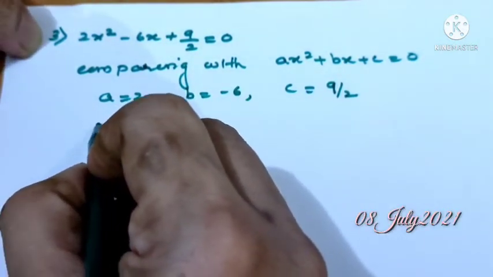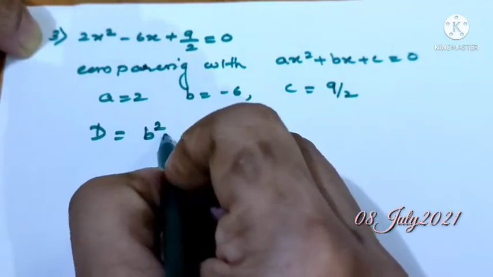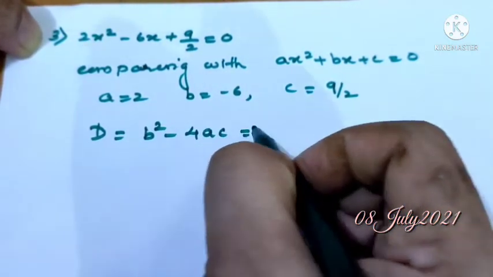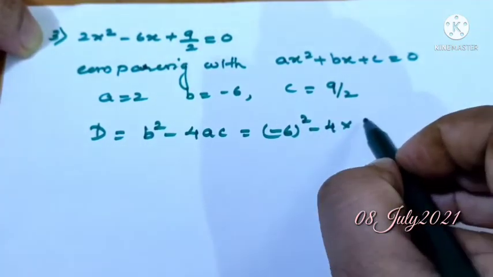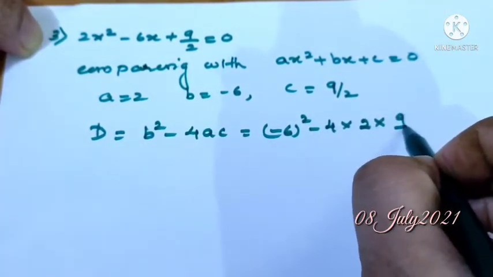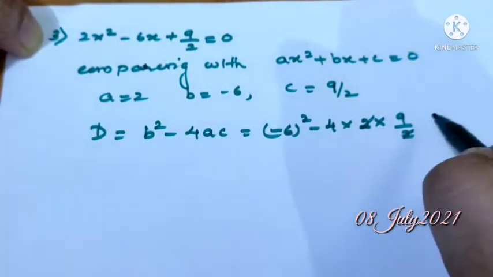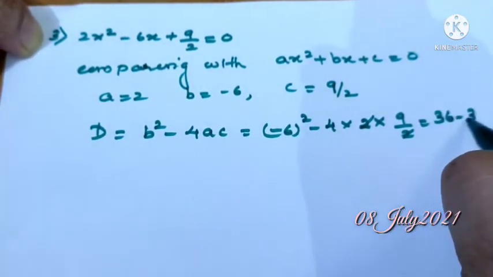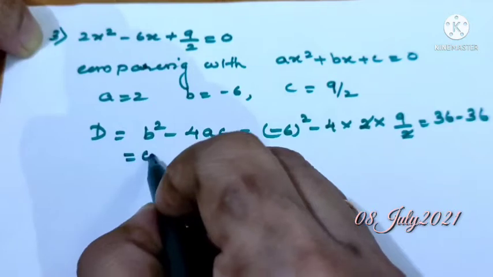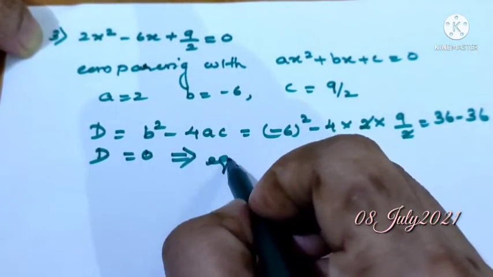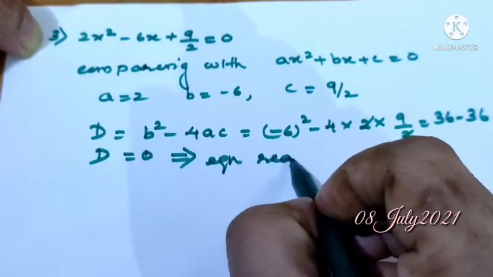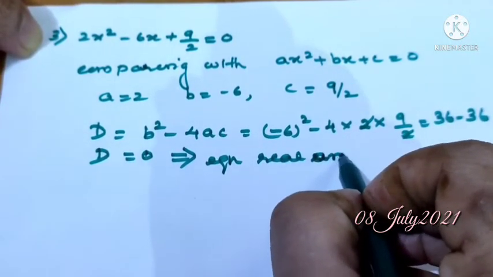So discriminant D equal to b square minus 4ac. b square is minus 6 whole square, 4 into ac means 4 into 2 into 9 by 2. So 2 will get cancelled. So 36 minus 36 equal to 0. D equal to 0, that means the equation has real and equal roots.